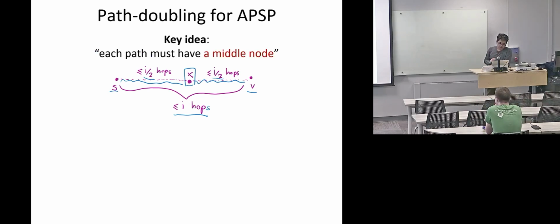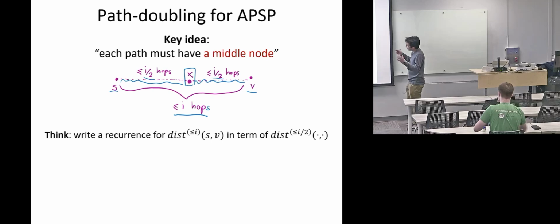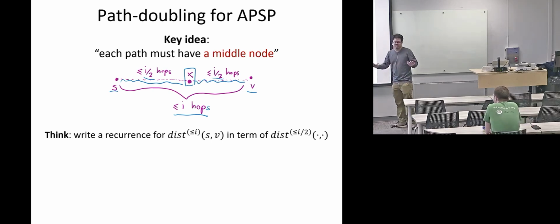That's the key idea: each path must have a middle node. All right. So now, with this idea, can you tell me the formal recurrence of how to write this thing based on this thing?